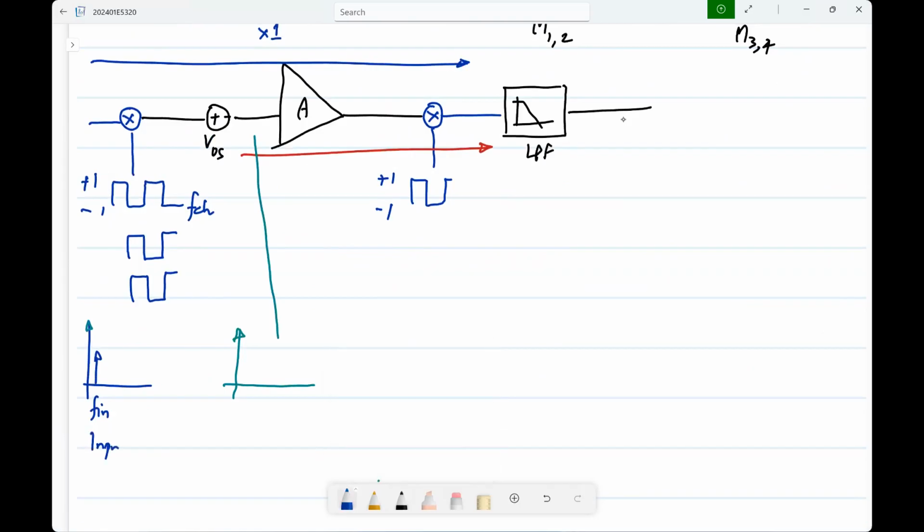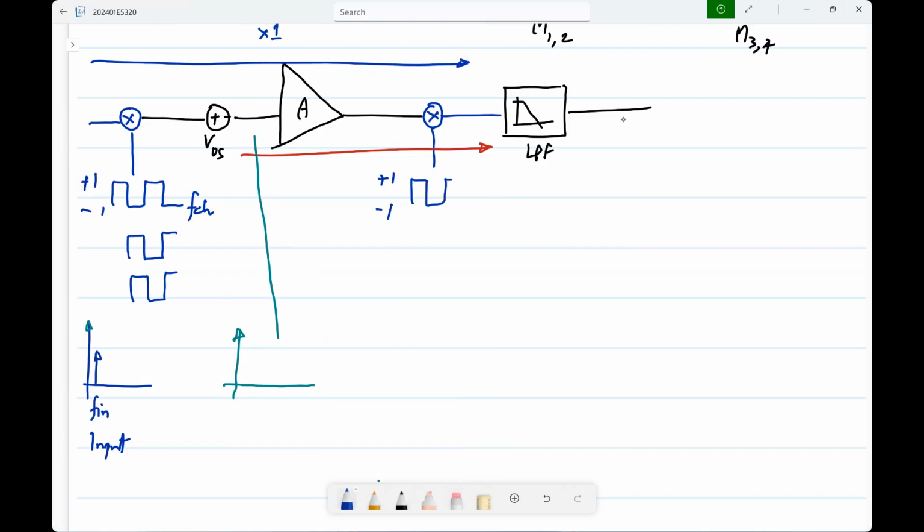This is the input, and let's say this frequency is FCH. What happens when you multiply a signal by a periodic signal? The signal spectrum will get translated to the harmonics of the periodic signal, right? And the conversion gain will be related to the harmonic magnitudes.